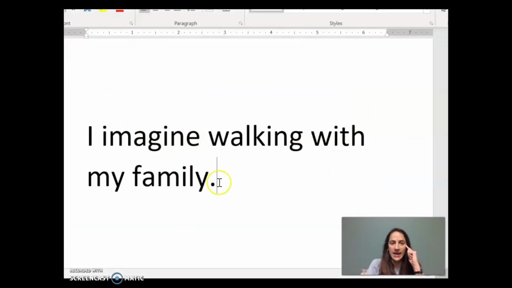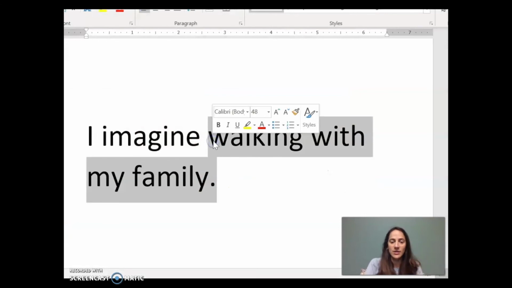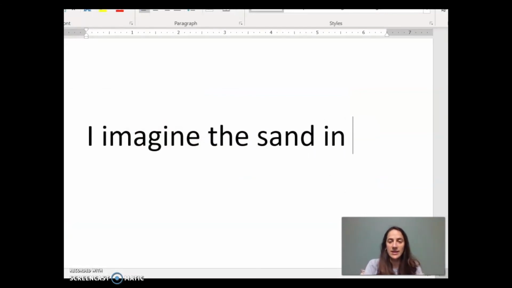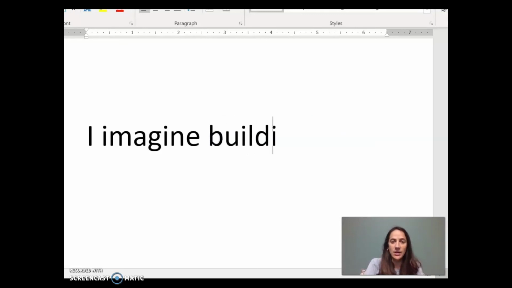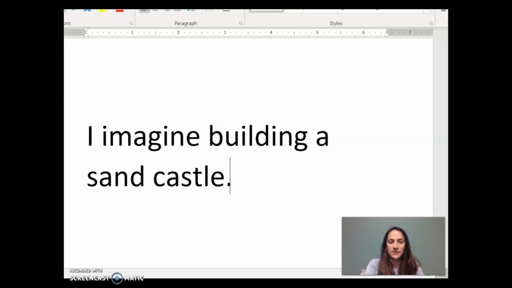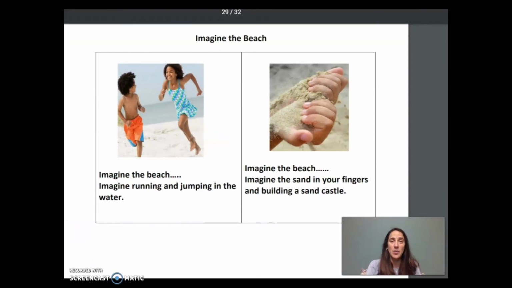I can say, I imagine the sand in my fingers, or I can say, I imagine building a sand castle. You can use different parts of the book to write your own sentences. Make sure you draw a picture to show.